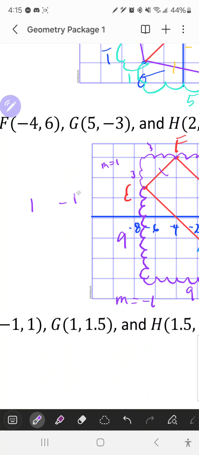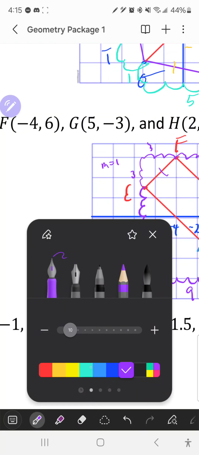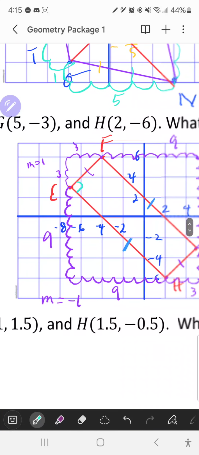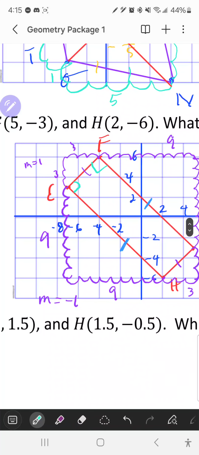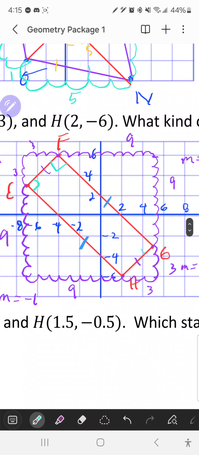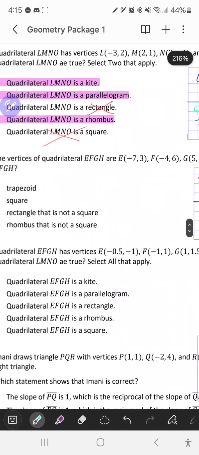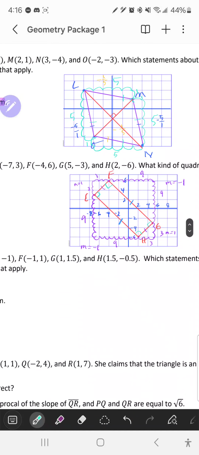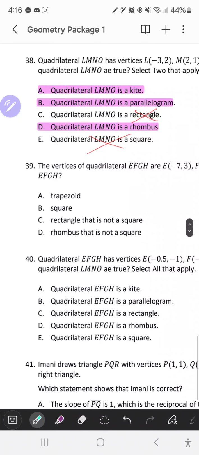So since the slopes are 1 and negative 1, they are indeed opposite and reciprocal, so we can say that these angles are right angles. They are 90 degrees. Now, what kind of quadrilateral is EFGH?